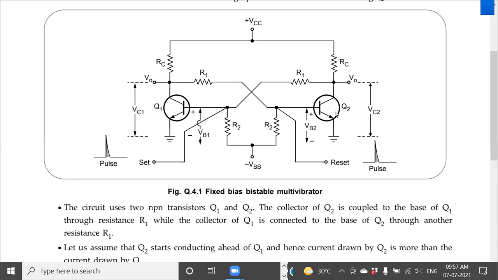Again I'm repeating, if the current through Q2 is slightly greater than the current through Q1, that is sufficient to push Q2 into the on direction and Q1 into the off direction, because they are cross coupled. Ultimately Q2 becomes on and Q1 becomes off.